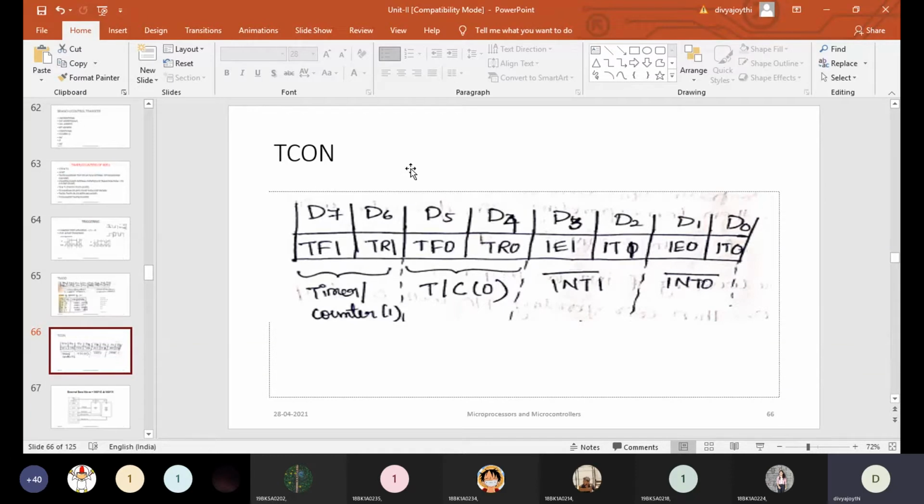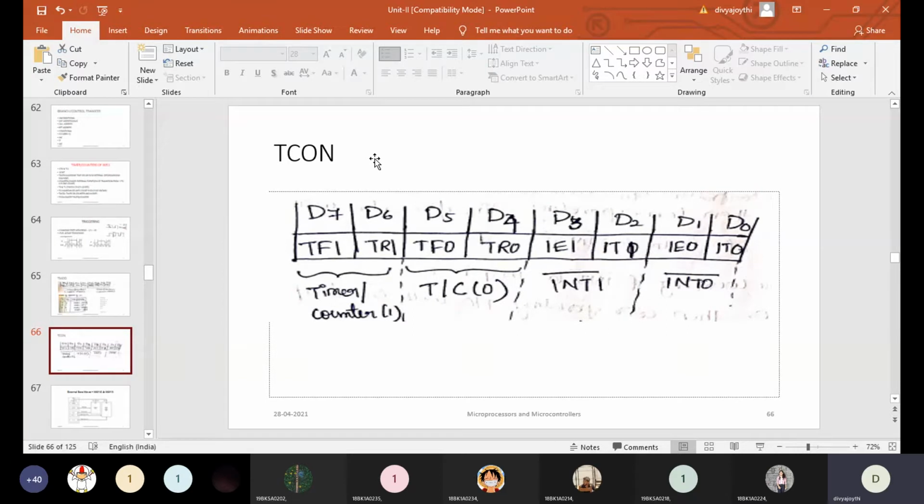The very important operation that TCON gives is whether the timer or counter is completely turned off or completely turned on. That means whether they are in active mode or in deactivation mode. That information is given by the TCON register.